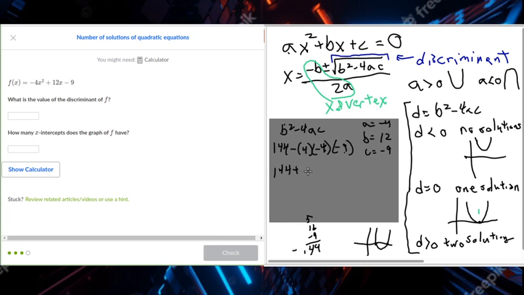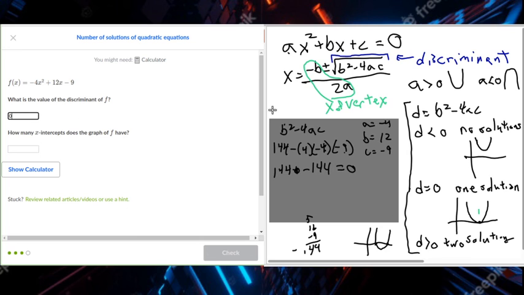So it's going to be minus 144. We've got a negative here, and a negative here is a positive, and another negative is a negative. So it's going to equal 0. So the discriminant is 0.